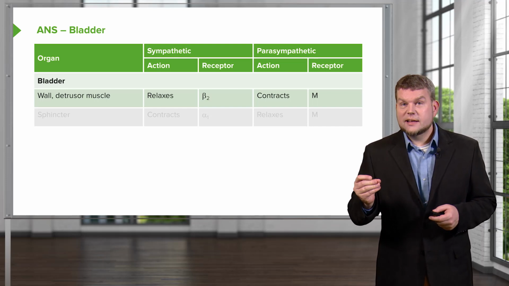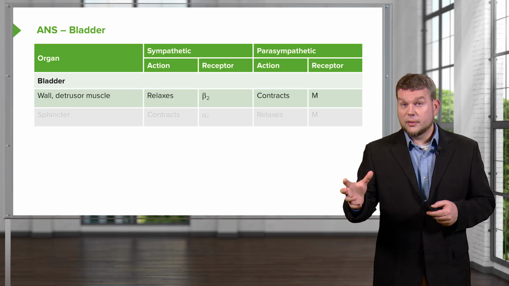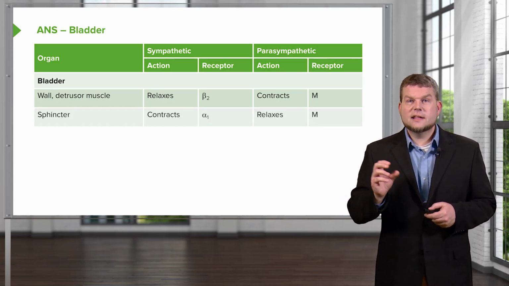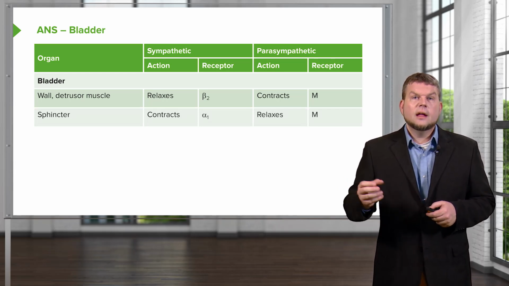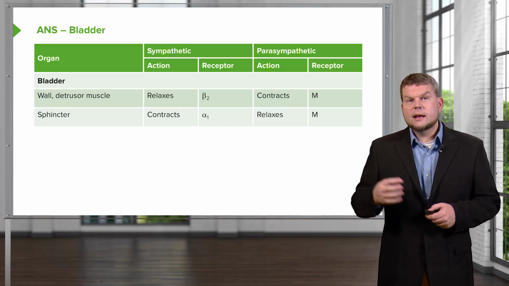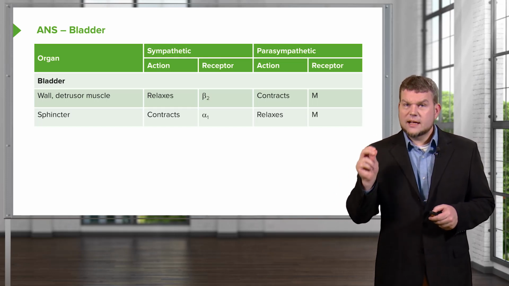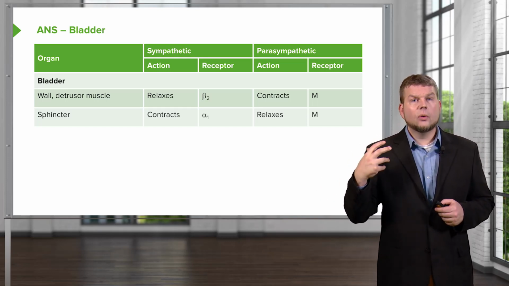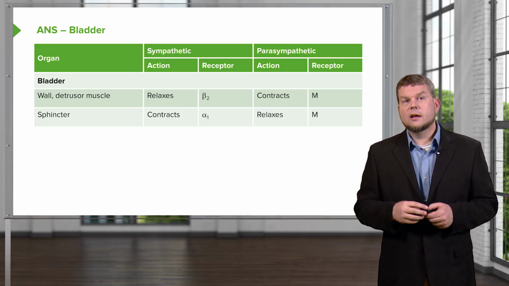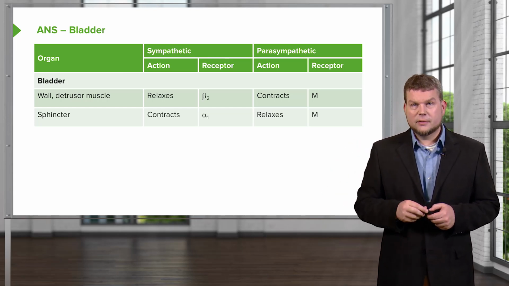If you're contracting it, this is a time where you may want to, if it's socially appropriate, void your bladder. The sphincters are also involved in that same kind of maneuver. There will be a constriction portion and a relaxation portion. Now again, this is the autonomic sphincter. There's also a voluntary or skeletal muscle component that you control from your cortex. So this is just the one part of being able to void the bladder, but not the voluntary component.